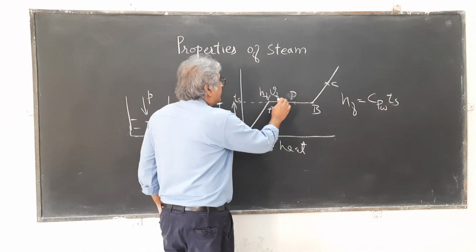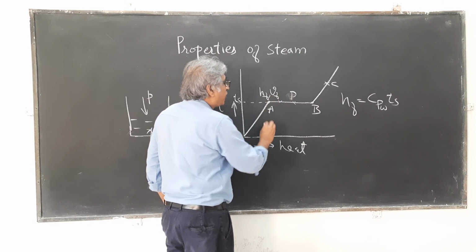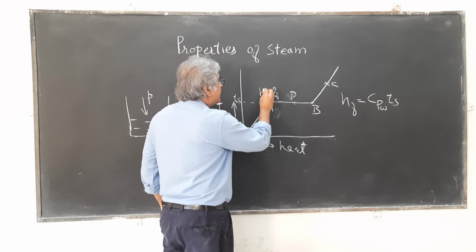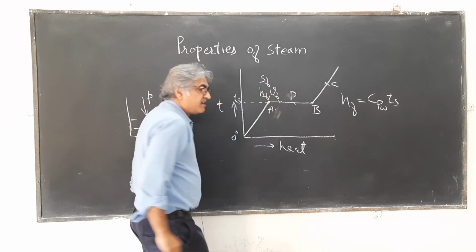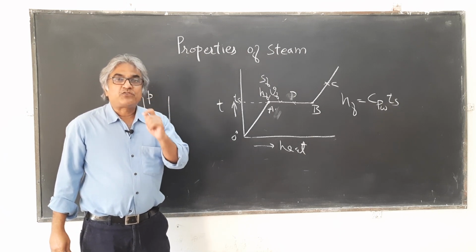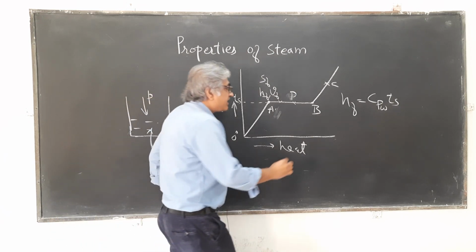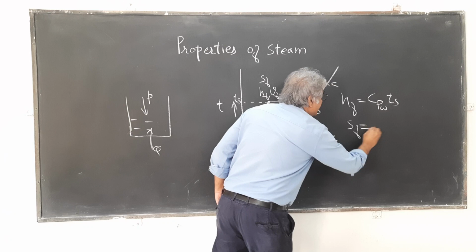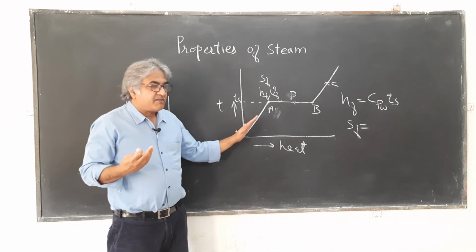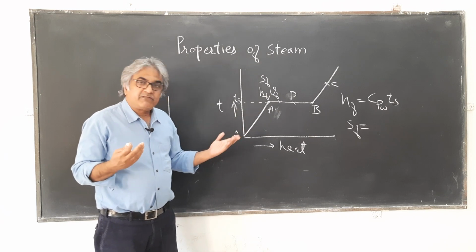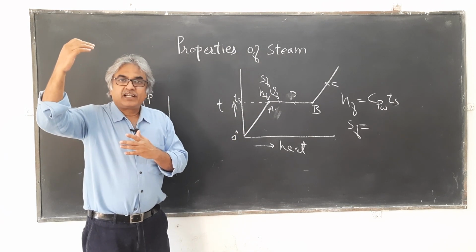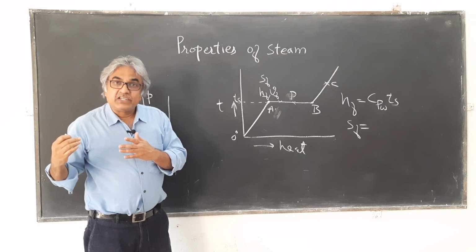Similarly, we will be interested in knowing the entropy. Entropy at point A is SF. Again, it is the entropy of 1 kg of saturated liquid. If you want to find SF, what expression will you use? Because you are heating it and the temperature is changing, the expression will be mCp ln T2 by T1, where T2 is the final temperature and T1 is the initial temperature.